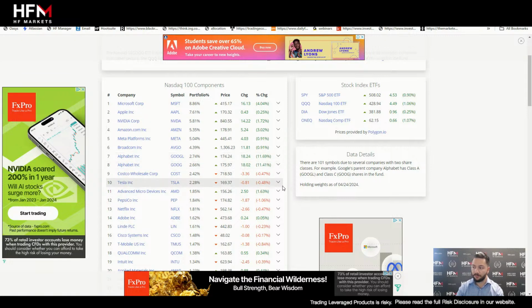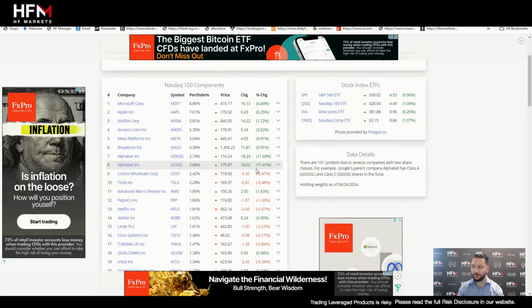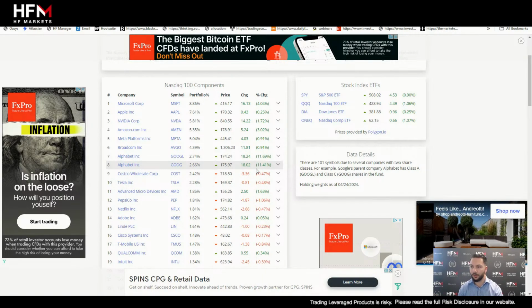What I will say, if somebody's following the top 10 most influential here, we have from the top 10 most influential 80% increasing in value. 80% increase in value. And also the most volatile is definitely Microsoft and definitely Alphabet, which are significantly increasing in value. The most volatile is increasing in value as well, seeing bullish market conditions.